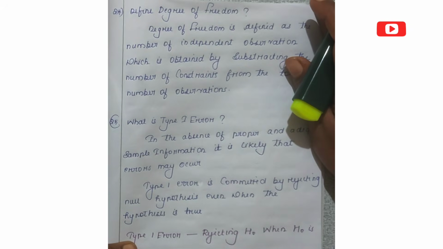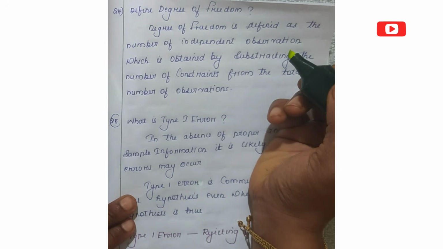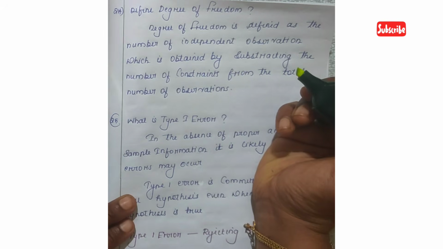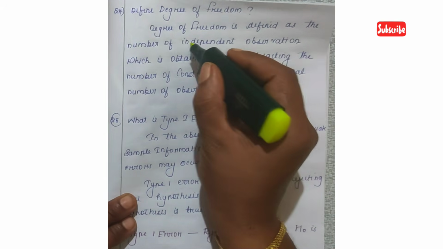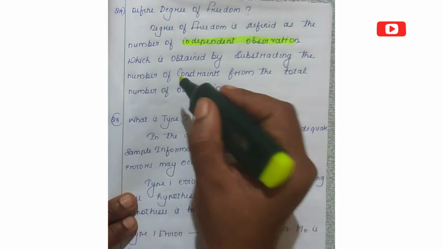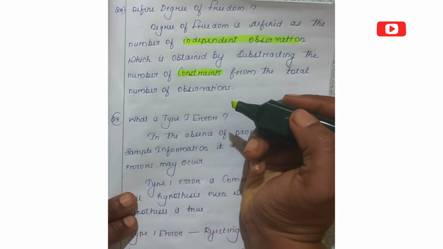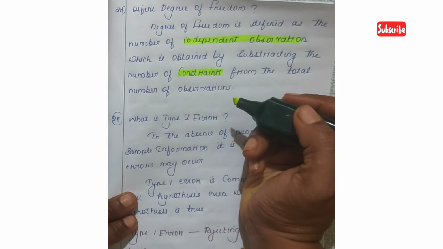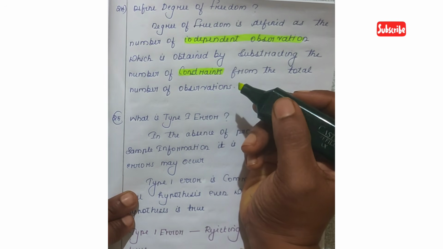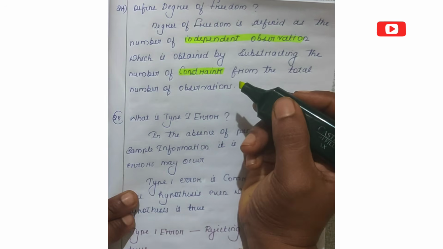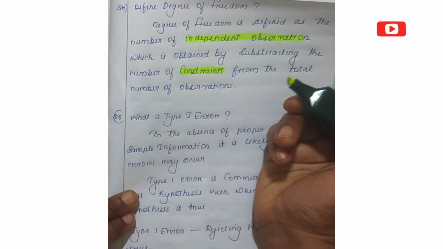Next question, define degree of freedom. Degree of freedom is defined as the number of independent observations which is obtained by subtracting the number of constraints from the total number of observations. So independent observations ന്റെ number നിന്നും constraints ന്റെ number നമ്മൾ subtract ചെയ്യുമ്പോൾ, അതായത് total number of observation, അതിനെയാണ് നമ്മൾ ഡിഗ്രി ഓഫ് ഫ്രീഡം എന്ന് പറയുന്നത്. സോ ഇൻഡിപെൻഡന്റ് ഒബ്സർവേഷൻ, ഡിഗ്രി ഓഫ് ഫ്രീഡം is defined as number of independent observation which is obtained by subtracting the number of constraints from the total number of observations.